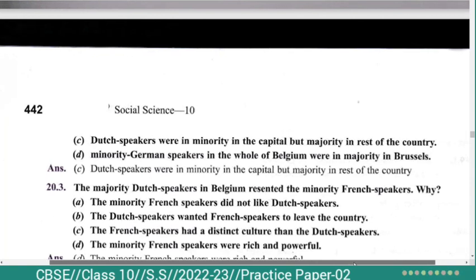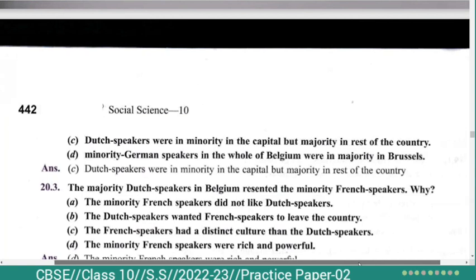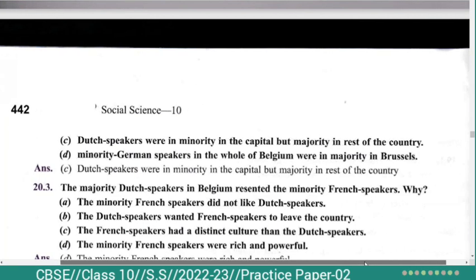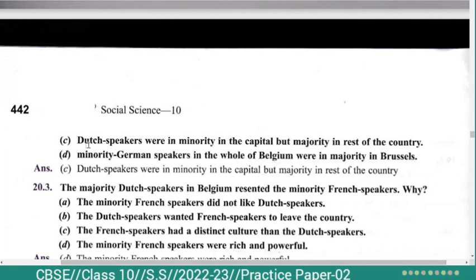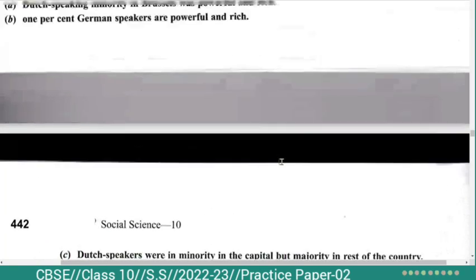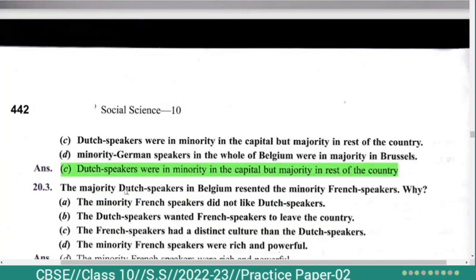D, minority German speakers in the whole of Belgium were in majority in Brussels. Here the correct answer is option C. Ethnic composition of Belgium is unique because Dutch speakers were in minority in the capital but majority in rest of the country.